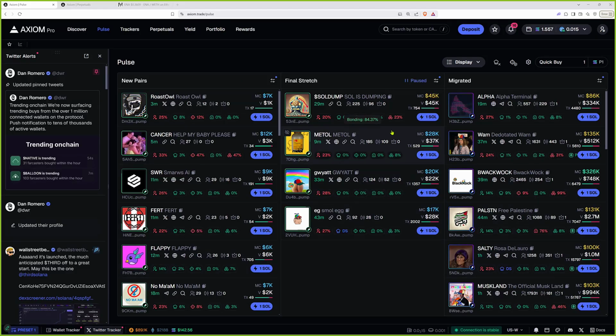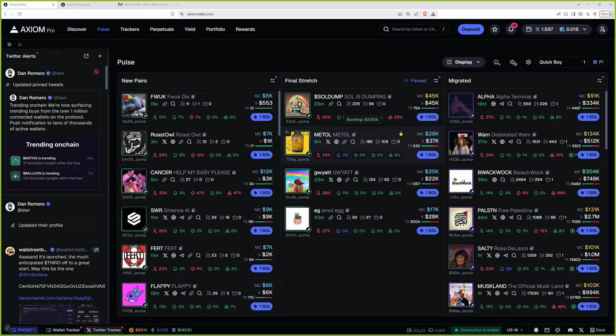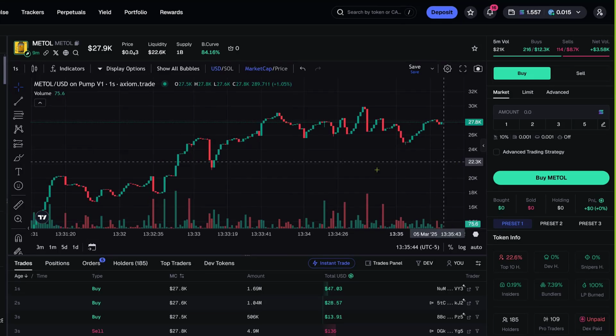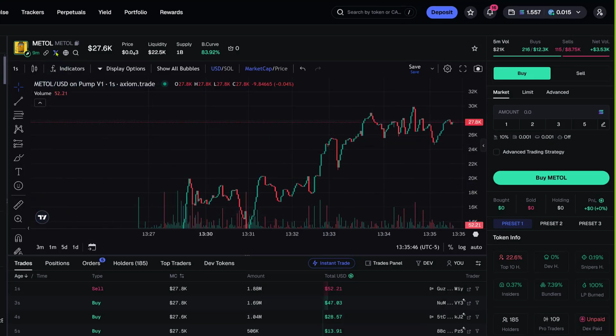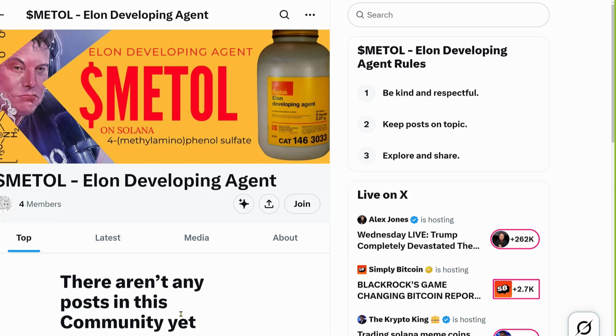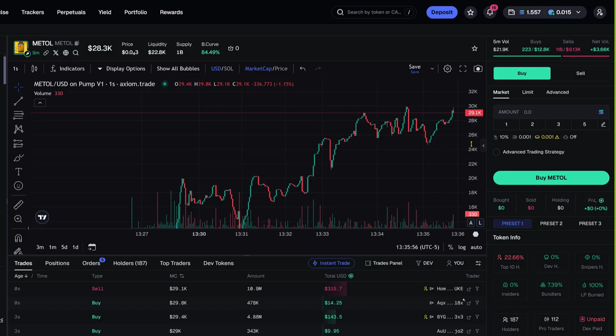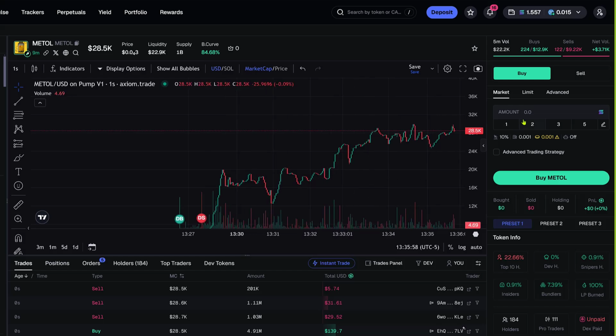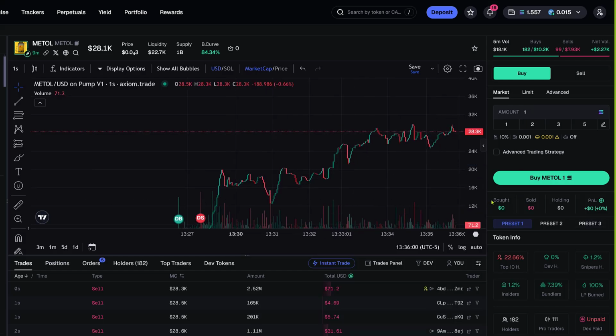So let's take a look back at this token that we were in just now. Well, we're looking at, rather, not in. This seems to have, man, it's getting really out of reach here. This is some kind of Elon Musk thing again. Elon developing agent. I don't know what the heck all of this means, but it's just some random thing here. But people seem to be running on this, so I'll at least come back to 26 and we'll buy in.